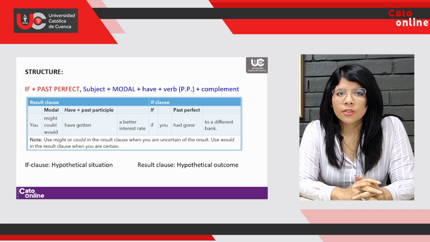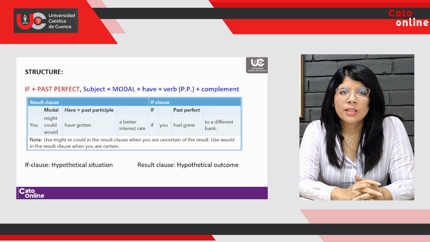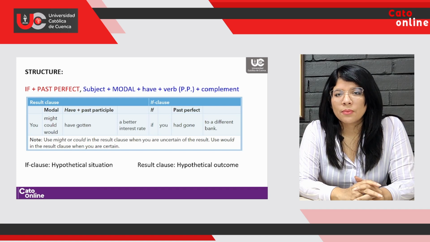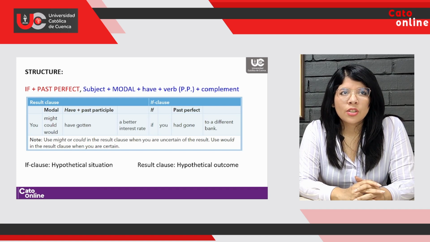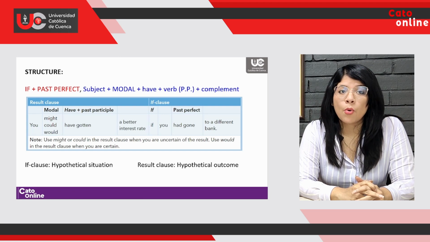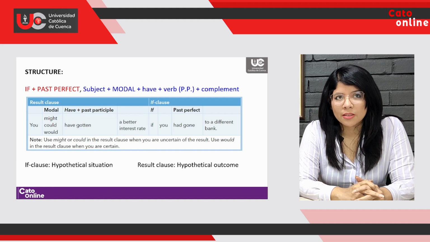So in the if clause, you're going to mention what is the hypothetical situation. And in the result clause, you're going to mention what is the hypothetical outcome. So the structure for this is going to be if plus past perfect for the hypothetical situation, and then subject plus a modal, then have plus the verb in past participle and a complement.